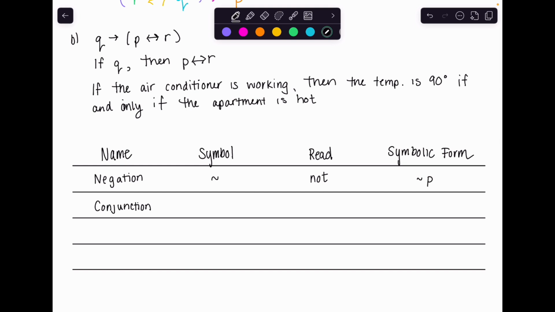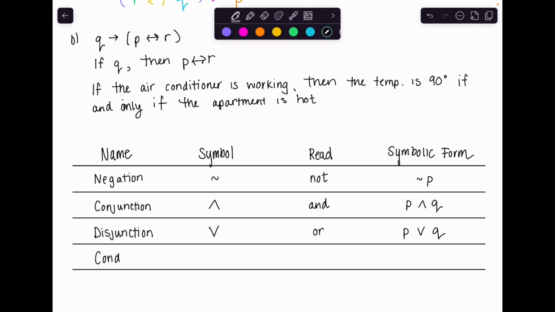Its symbol is that upside down V, and it's read as and. So this will join two different statements, so P and Q. Disjunction is up next. That is the flip of this, and this is read as or, so you have P or Q.